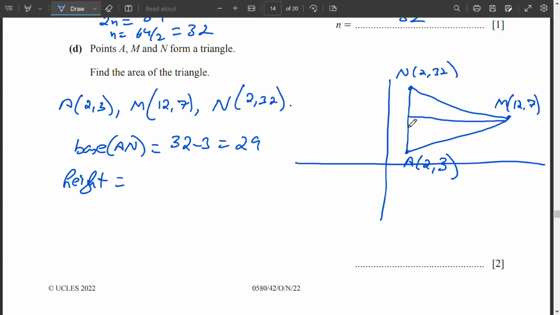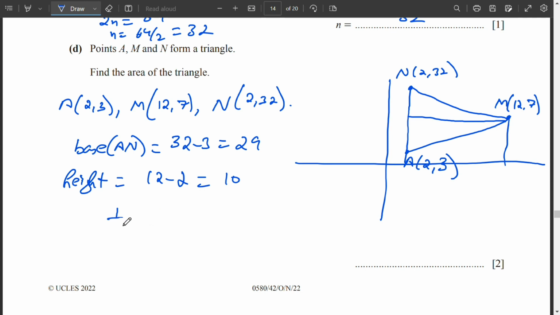Here we are finding the x value. This was 2 and x over here is 12. So basically 12 minus 2, you will get the height as 10. 12 minus 2 is actually 10.